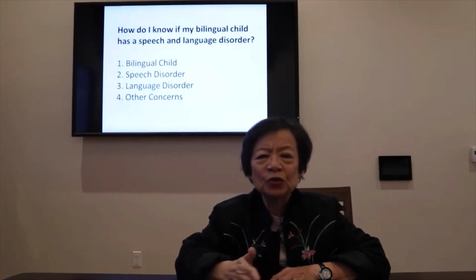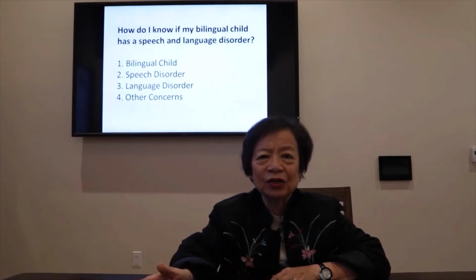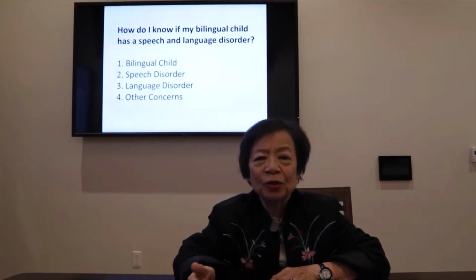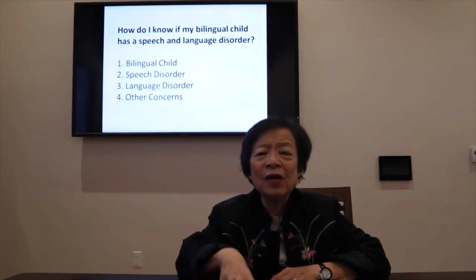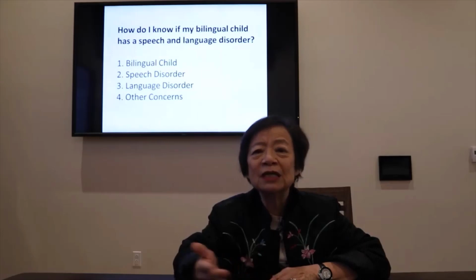So for speech disorders, we usually say if the child is 10% intelligible, 90% unintelligible, then it is very, very difficult for us to understand what he or she is saying.